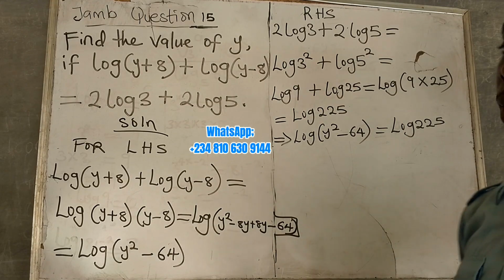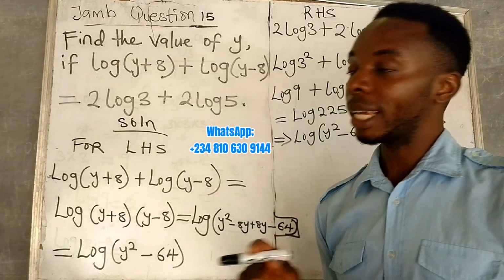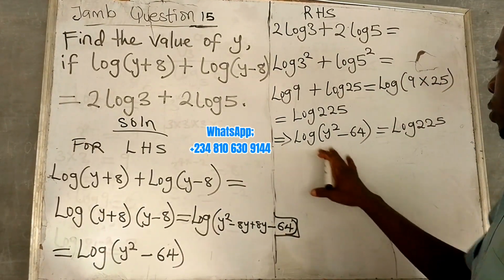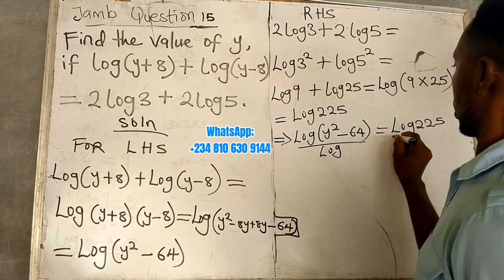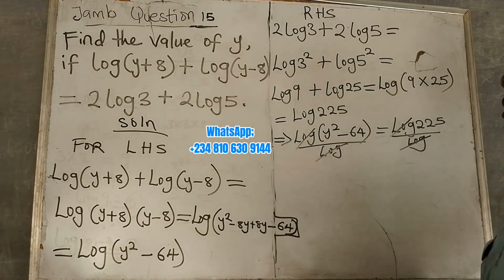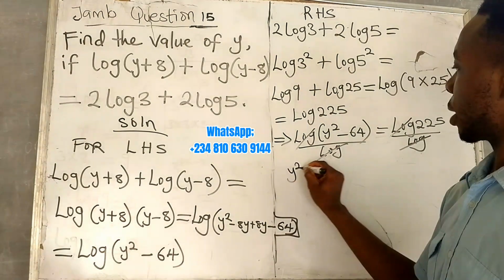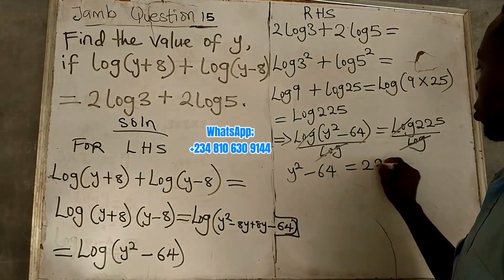So cancel out log, because what you're looking for is y. So you divide both sides by log. This cancels this. You are left with y squared minus 64 equals 225.